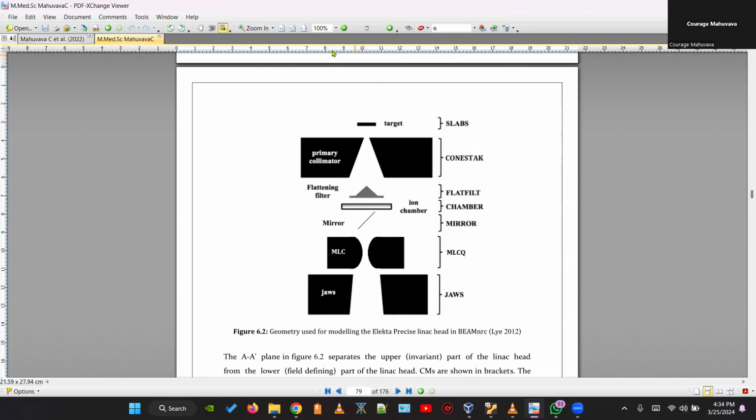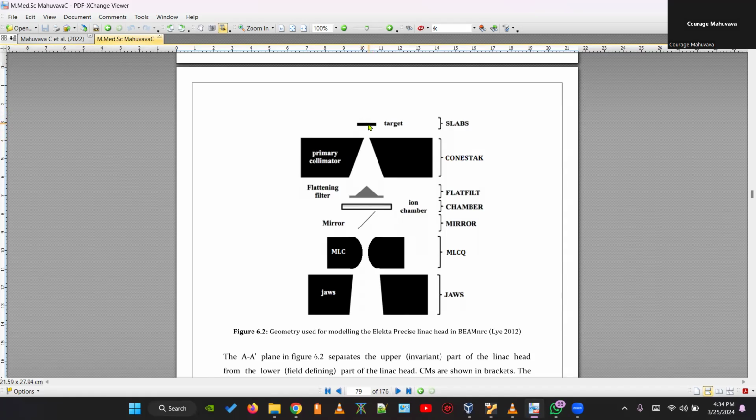So your electron beams that are accelerated via the waveguide system, right? Remember your radiation oncology. Your electron beams are accelerated to high energies via the waveguide, and then they are directed towards the target through a bending magnet system, right? Through 90 degrees here or 270 degrees. Then they hit the target.